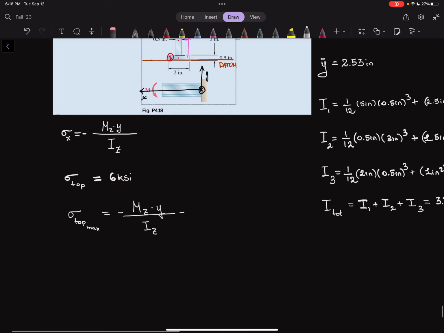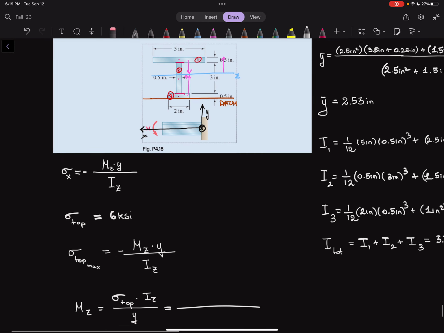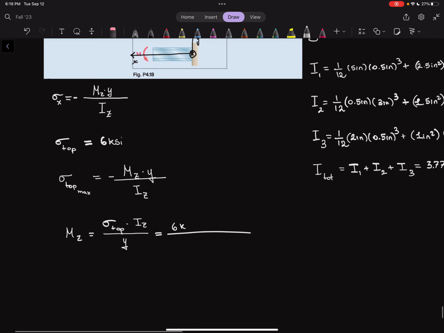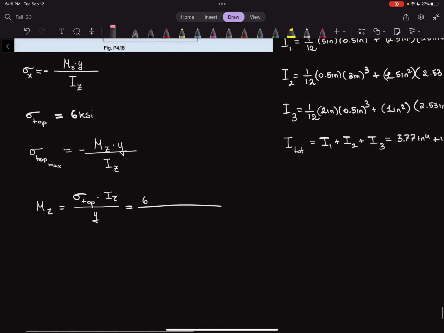So we can solve for Mz. Mz is going to be equal to sigma top times Iz over y. And so we got our values, 6 ksi. I like to put it into base units, so 6,000 pounds per inch squared.